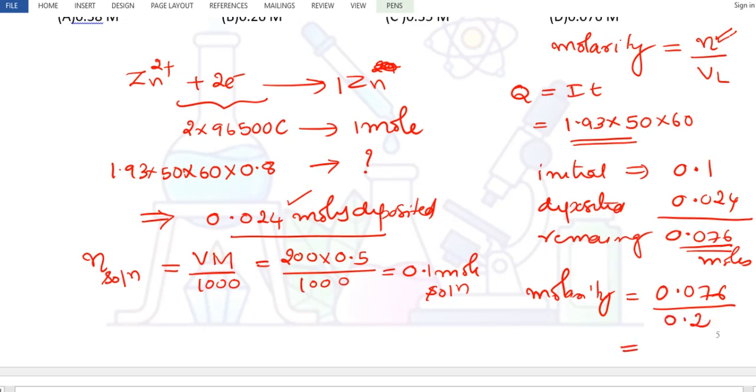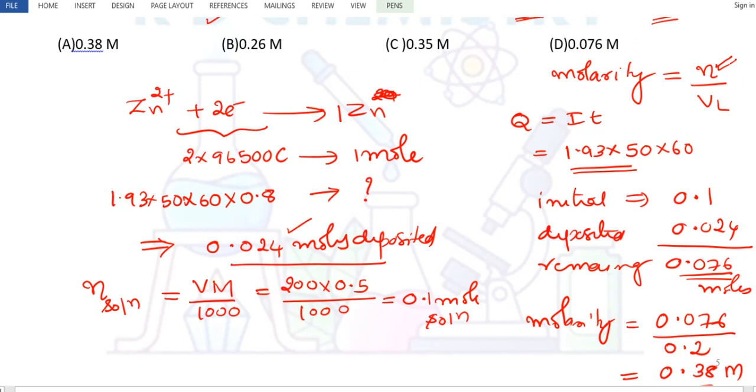So this is equal to 0.38 molar. Clear? So what is the option number now? Option number is A. So A is equal to 0.38 molarity. Correct?